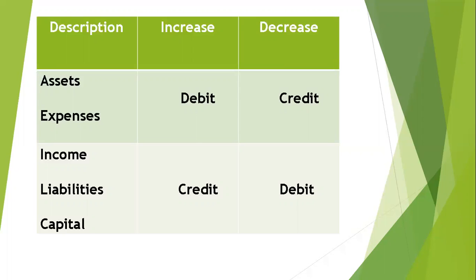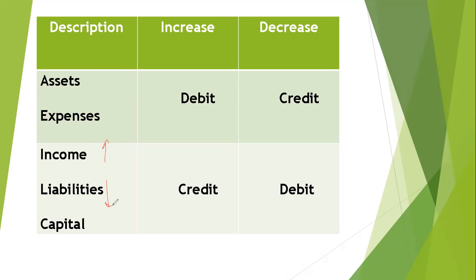So in this case, the creditors, the liabilities, are going to decrease. First, I should pay $5,000, but when the purchase return happens, I should only pay $4,000. So the creditors amount is going to decrease by $1,000. When we return, purchase returns, which is an income, is going to increase. At the same time, the liability, the amount we should pay to the creditors, is going to decrease.